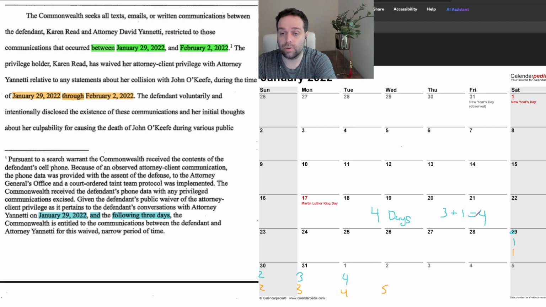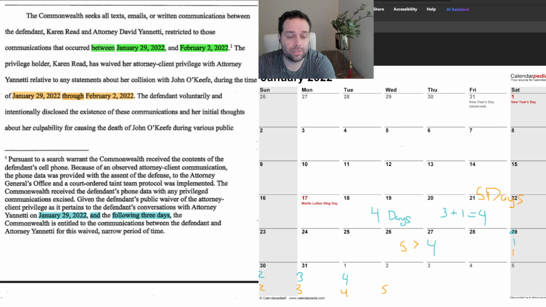So the little orangey guys, 29th through the 2nd, we're going to call 5 days because it is 5 days, because that's how numbers work. Now remember, 5 is more than 4. It's a larger number, so there's more days, and it's not 3 plus 1 anymore.